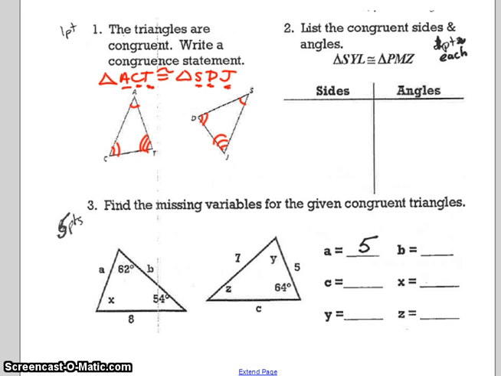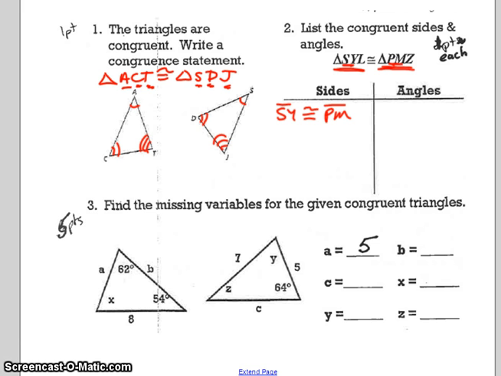Number two, list the congruent sides and angles. Now number two, we're using SYL and PMZ. Remember, how we write the congruent statement is how it's going to line up. So if I'm talking about side SY, I'm comparing it to PM, and those are my congruent sides.